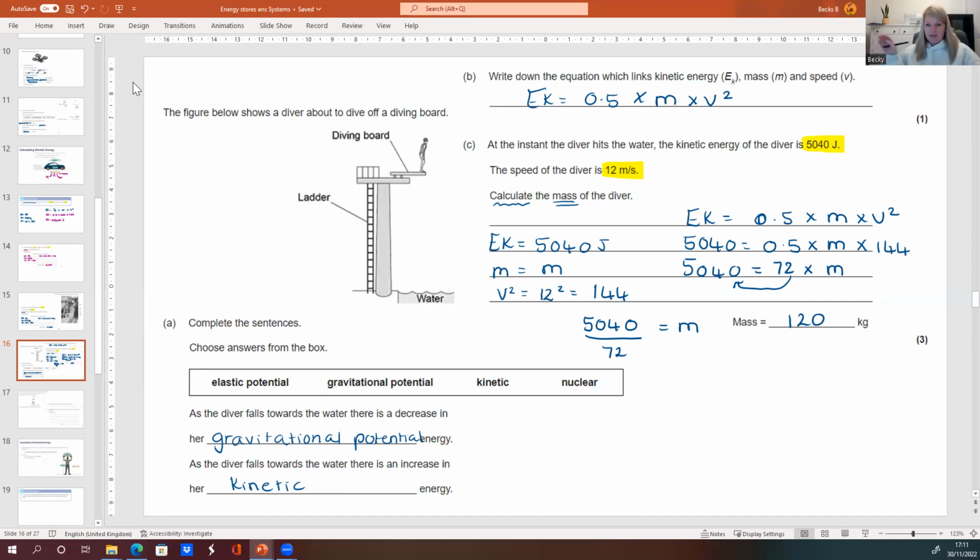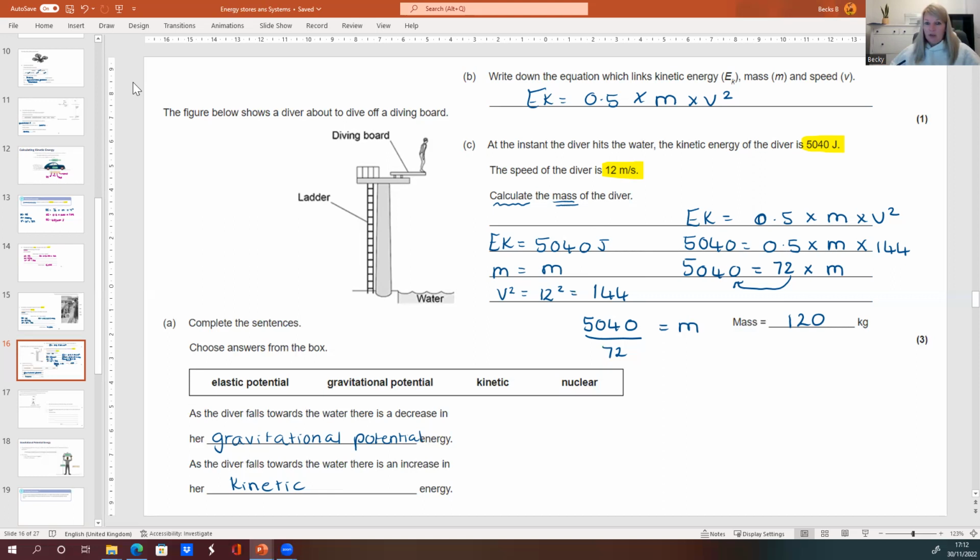If you just wrote the answer, even if you got it correct, so you got the 120 kilograms, if all those lines were just left blank and just the correct answer, you would only score 2 marks. You must write some form of calculation to gain that 3rd mark.